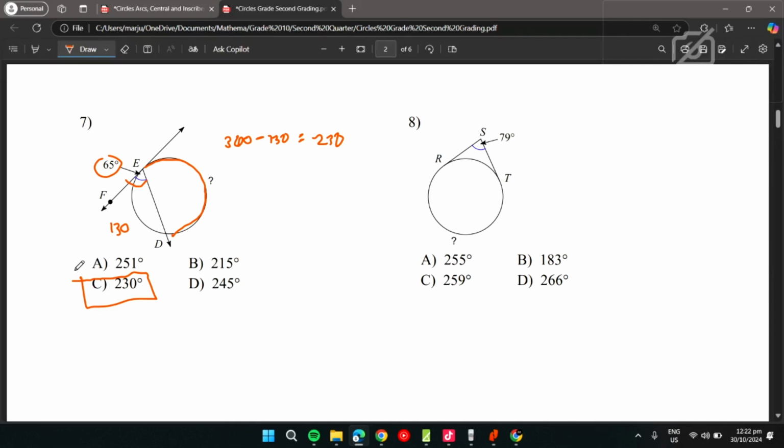Let's do number 8. Number 8. Far arc, near arc na naman. Ano yung sagot sa number 8 kaya?